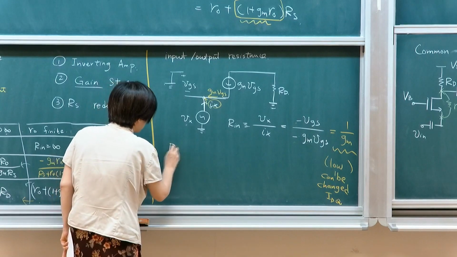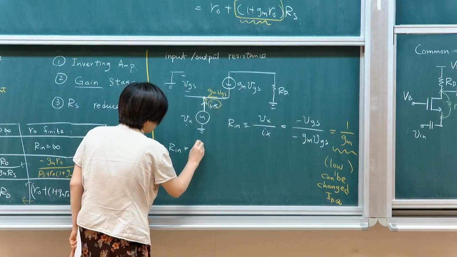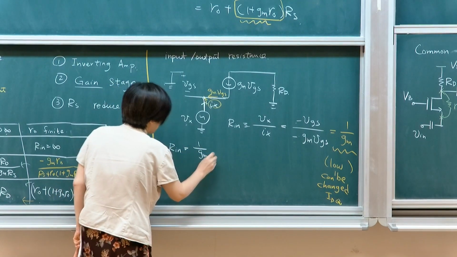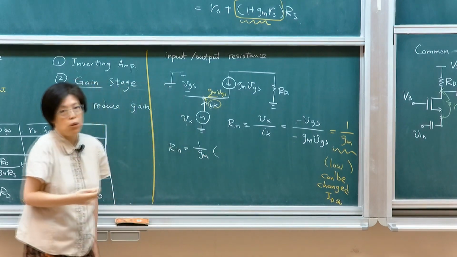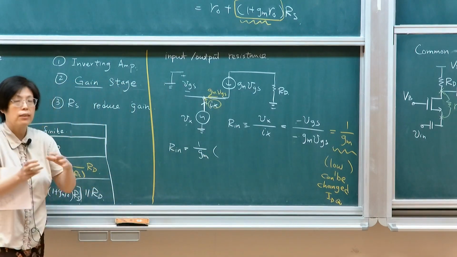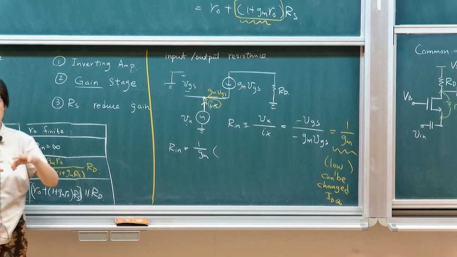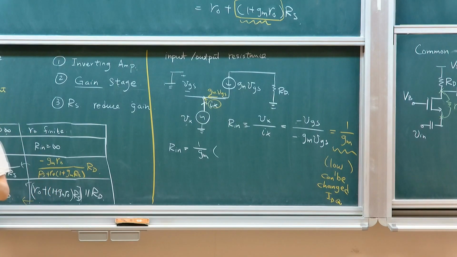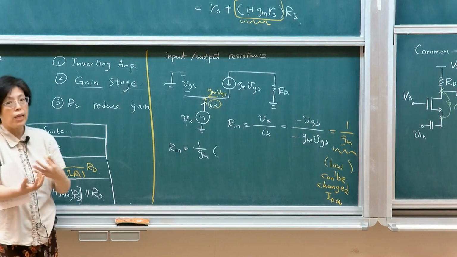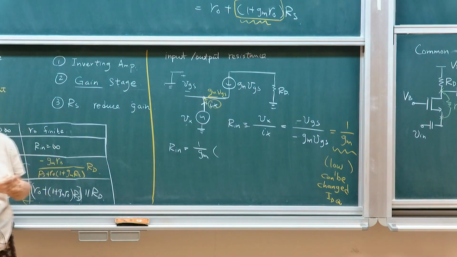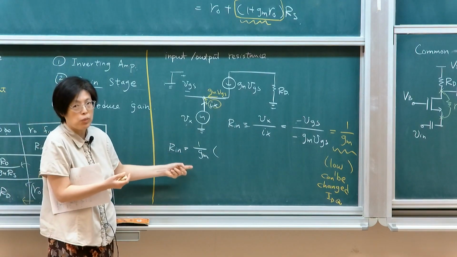We get input resistance Rin, which is 1 over gm, which is comparatively low. Anytime I say this is a low impedance or low resistance node, it's typically in reference to all the terminals that exist in a circuit. If you have a more complicated circuit, sometimes you want to pick the ones that have the lowest resistance, and this is the lowest resistance node.